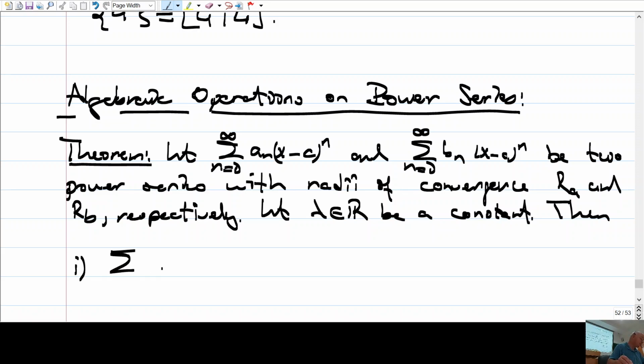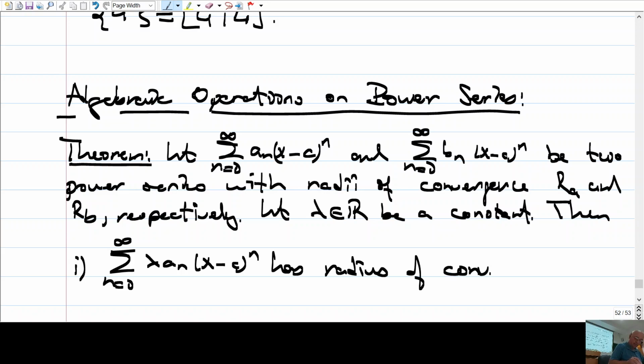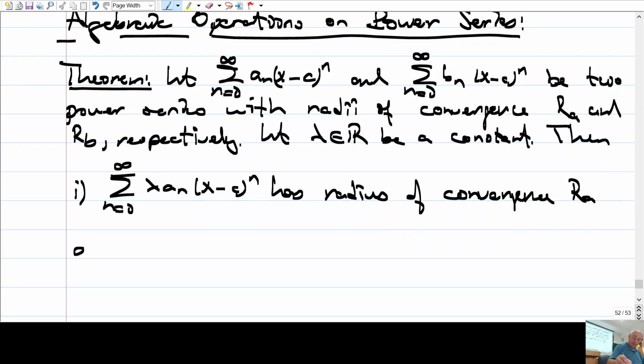The power series, the sum of lambda times a_n (x minus c)^n, has radius of convergence R_A, and as you expect, this power series equals lambda times the sum of a_n (x minus c)^n.